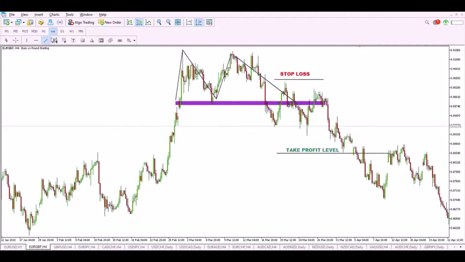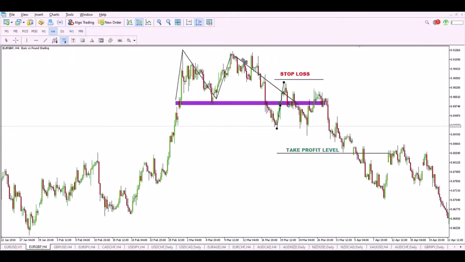So what happened on this particular double top? We had a break under the support, and then we had a retest of the neckline, but this time it was broken and we went further inside the structure, so inside the formation.